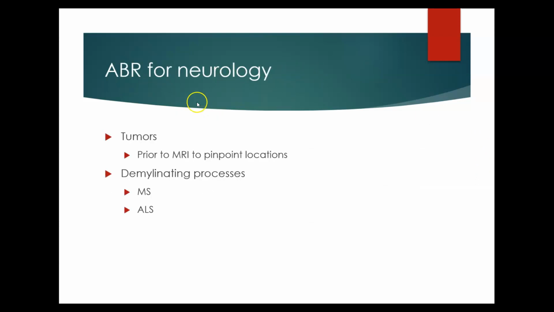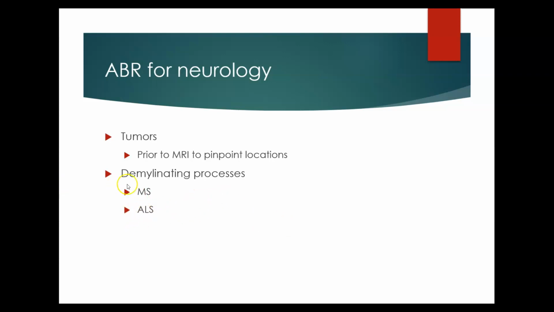Okay, so ABR for neurology can evaluate whether there's a tumor along the 8th cranial nerve. And it can also identify demyelinating processes like multiple sclerosis and ALS, amyotrophic lateral sclerosis, or Lou Gehrig's disease.